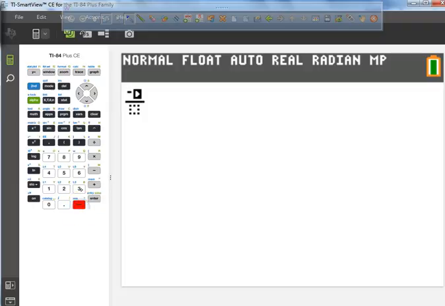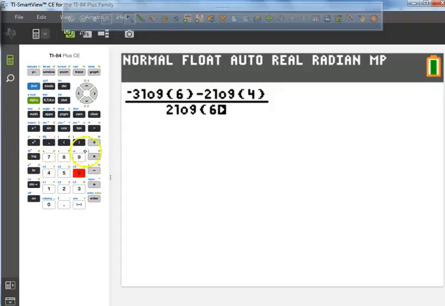Type in negative 3, log of 6, minus 2 log of 4. In the denominator, it's 2 log of 6 plus the log of 4.